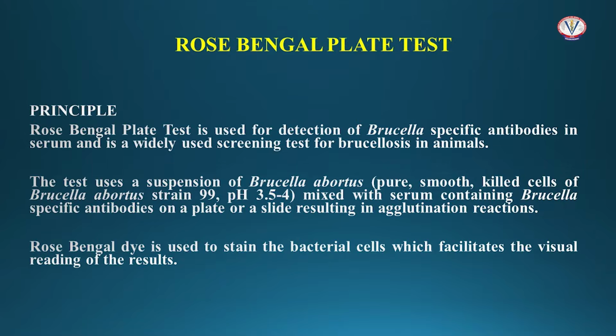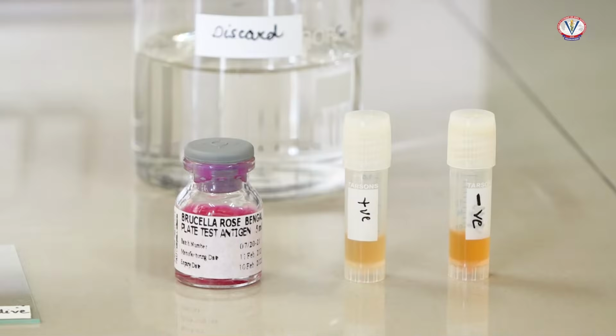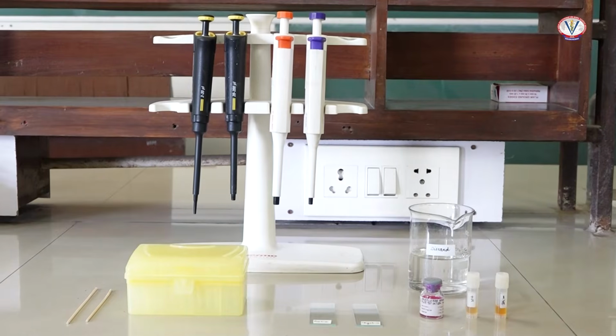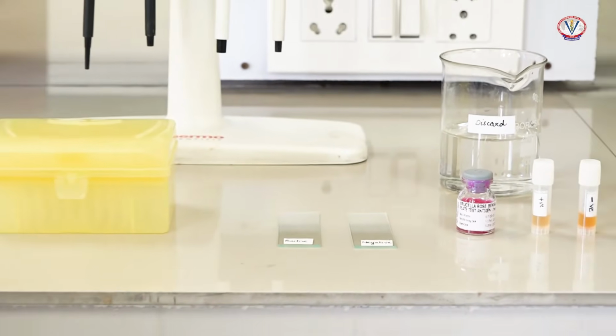Rose Bengal dye is used to stain the bacterial cells, which facilitates the visual reading of the results. Requirements for the test: Brucella abortus suspension strain 99 colored antigen, test sample that is serum, micropipette, microtips, glass slides and toothpick.